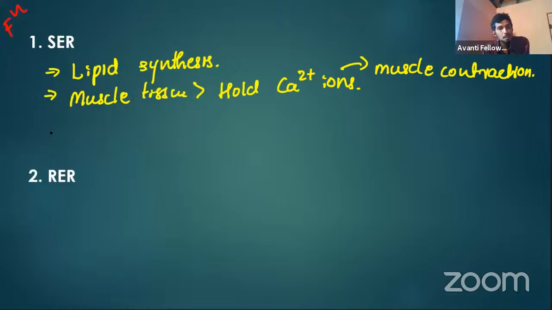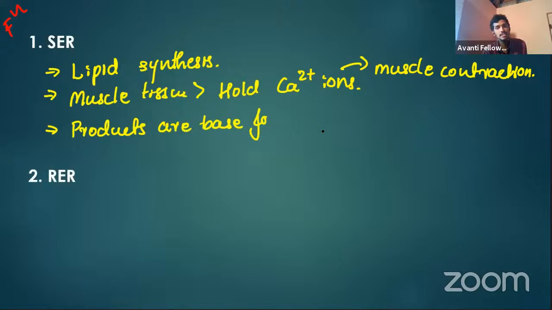And the products synthesized by the smooth endoplasmic reticulum also help in the building of the Golgi complexes. That means the products are the base for Golgi. What are the products it is synthesizing?